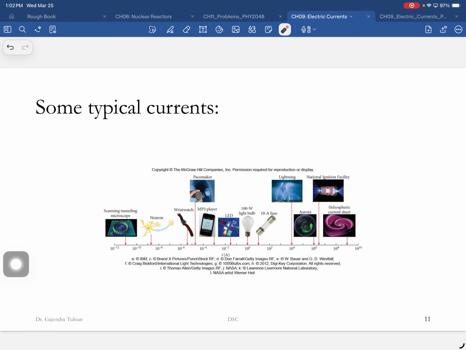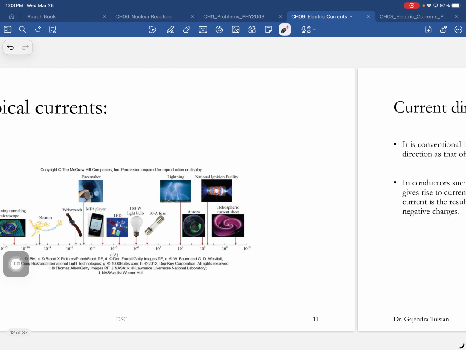Here's a scanning tunneling microscope where the current is 10 to the minus 10, 11 amps. Lightning has 10,000 amps. Auroras have 1,000,000 amps. This is a fusion reactor facility, and 10 million amps, and so on.